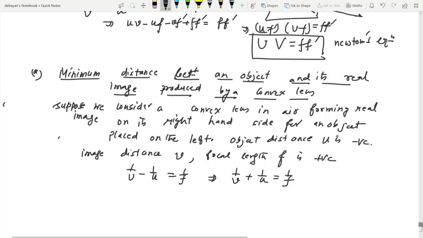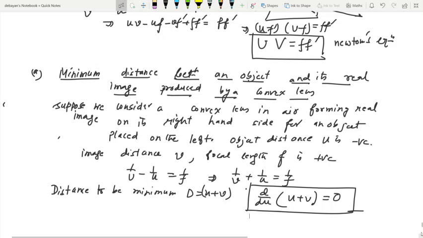Distance should be minimum, so we have to set the value of the differentiation to 0, that is our differentiation procedure. So we get 1 plus dv with respect to du is equal to 0, so dv by du is equal to minus 1.